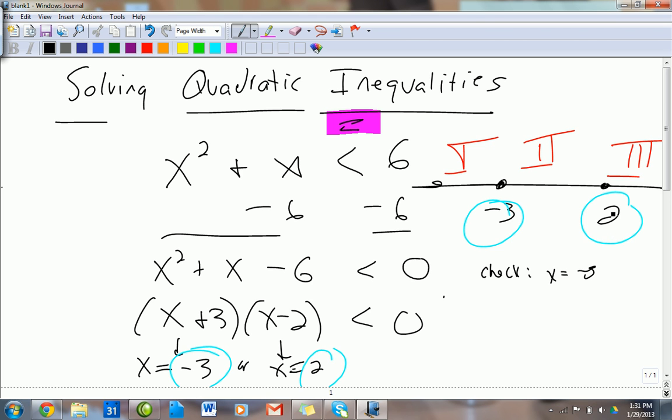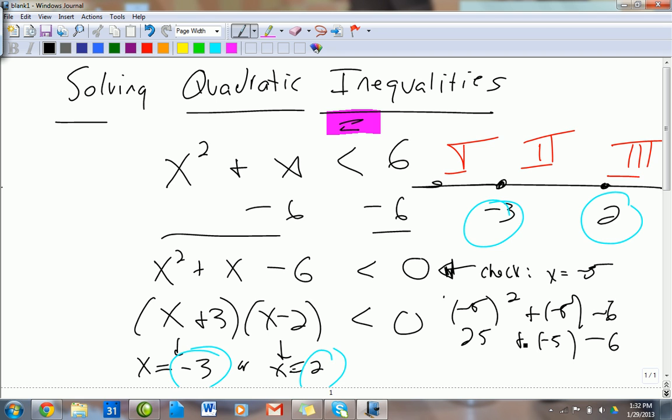I'm going to plug -5 into this inequality and see if it works. And if that number does work, then every number in that region 1 will also work, so I'll shade in the region to the left of -3. If I plug -5 back in, I'm going to square it, add -5 and subtract 6. -5 squared is 25, plus -5, minus another 6.